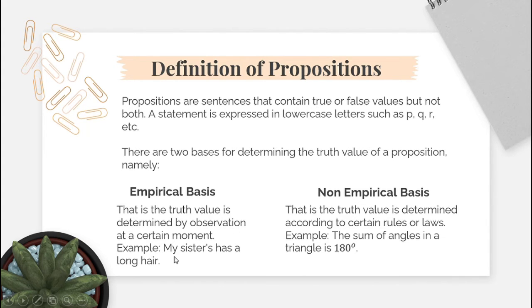For example, my sister has long hair. And the non-empirical basis is where the truth value is determined according to certain rules or laws. For example, the sum of angles in a triangle is 180 degrees.